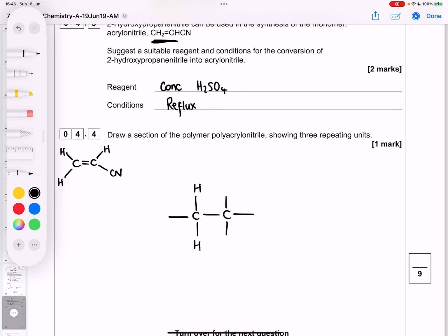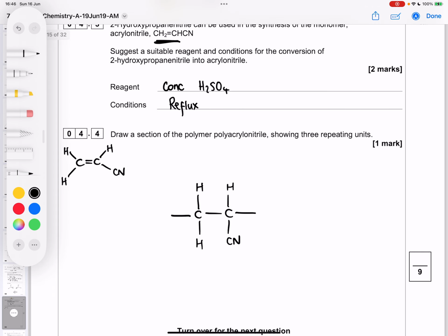So 2 H's and a H and a nitrile. Make sure that your C is bonded to your C, and then we've got to repeat it 3 times. So the left hand one has H H and the right hand one has H CN, making sure your connectivity is to the C of the CN and not to the N. And then finish off with trailing bonds.